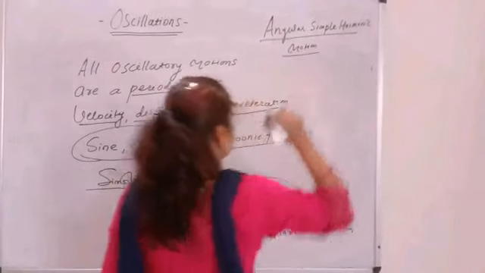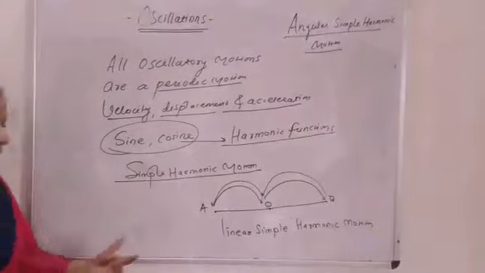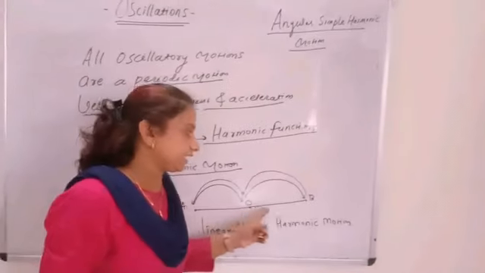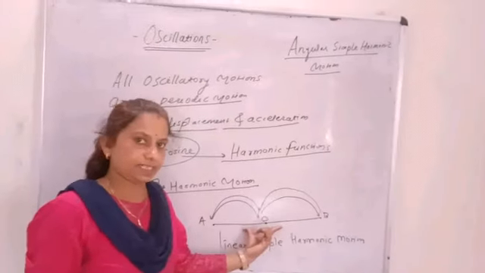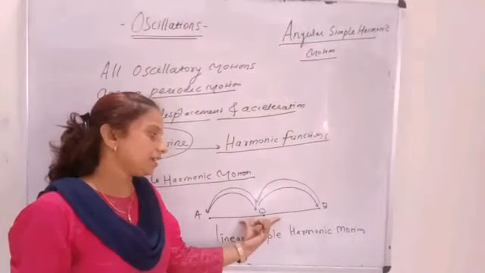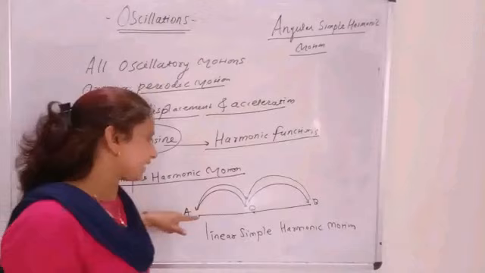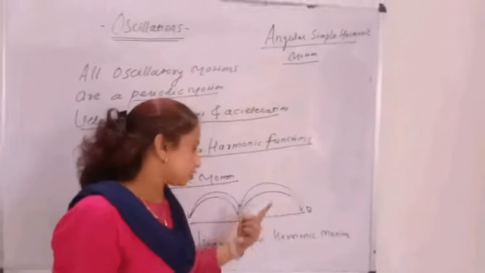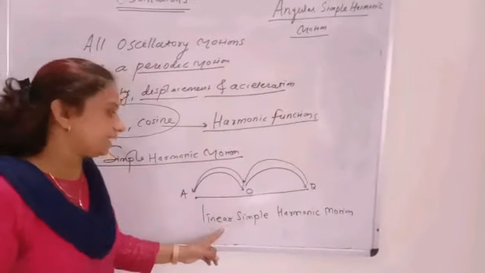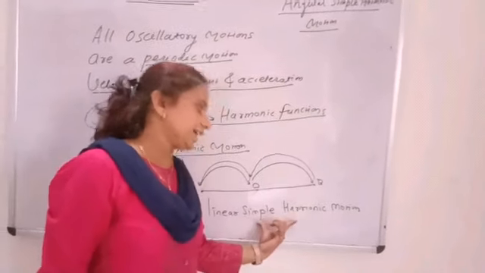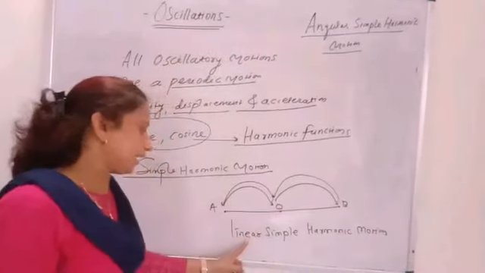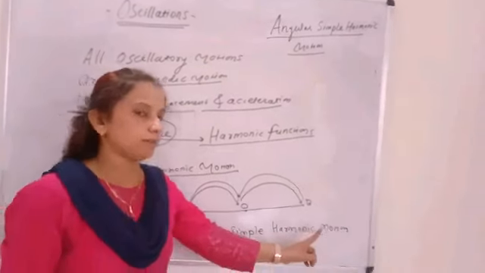I will repeat here. If the path is linear, that means a straight line, then the particle moves along a straight line path, and this oscillatory motion is known as linear simple harmonic motion.